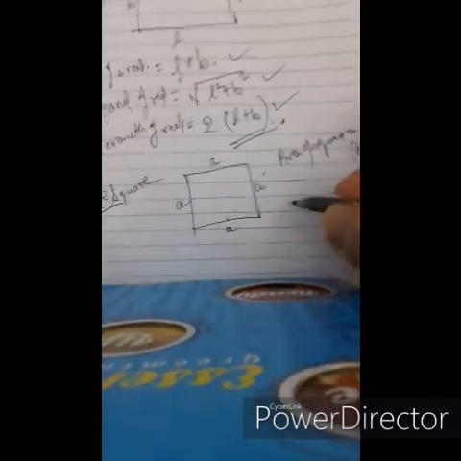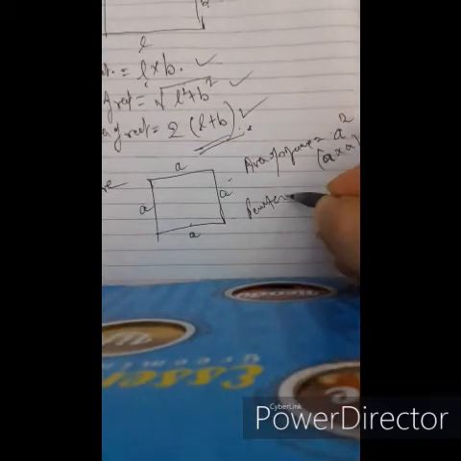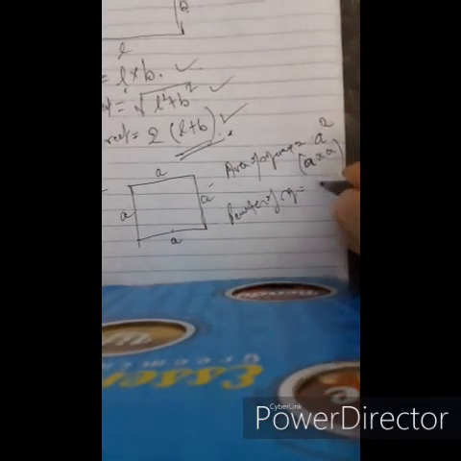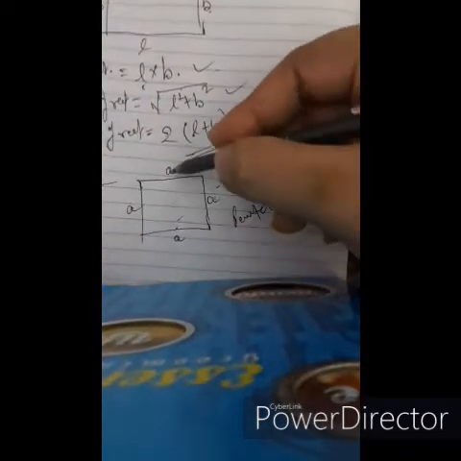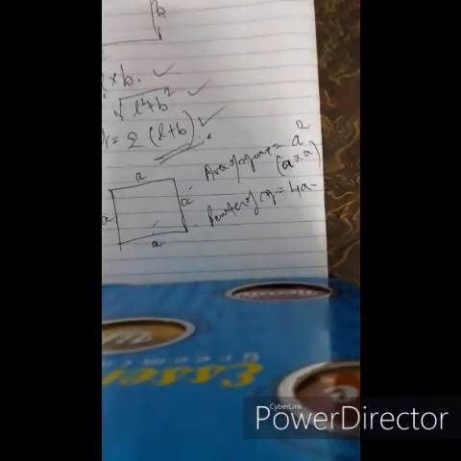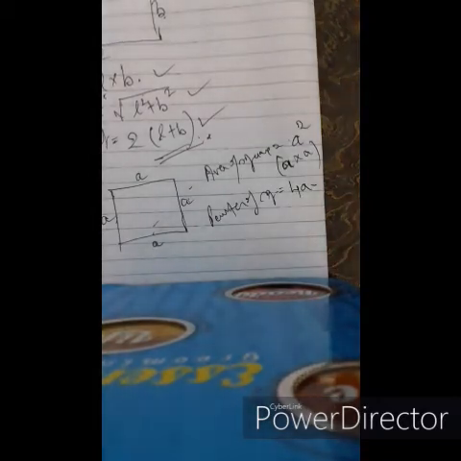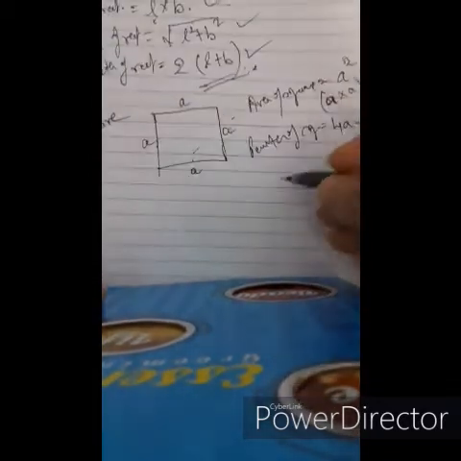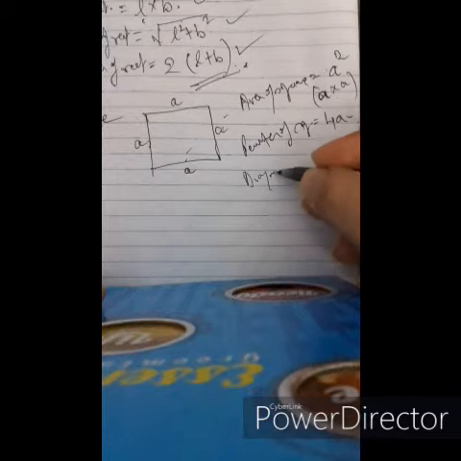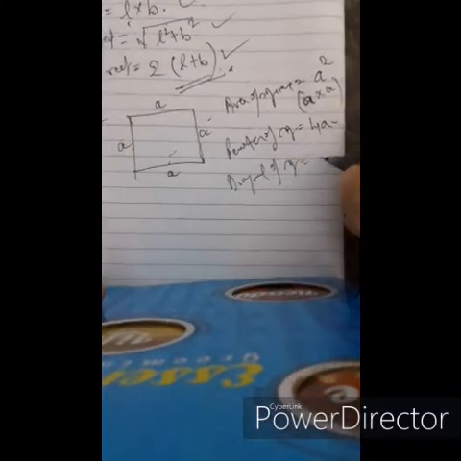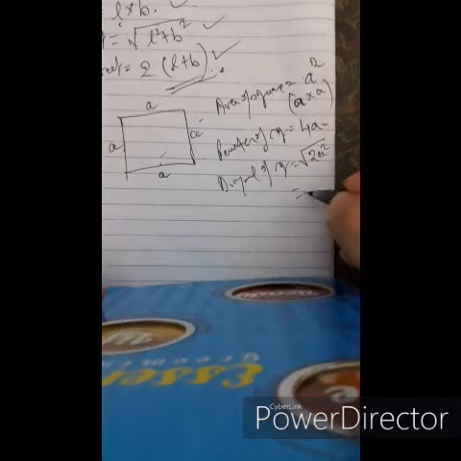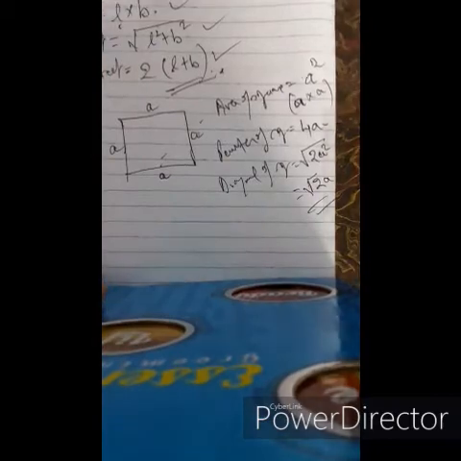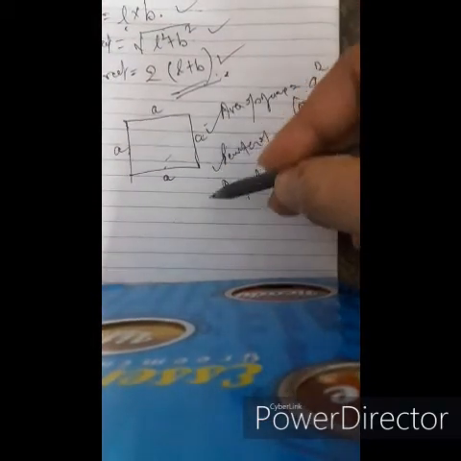Perimeter of square is 4 into A, that is A plus A plus A plus A, that is the perimeter of a square. Alright, and the diagonal of a square is root under 2A square, that is root 2 into A. You have to remember these three formulas for square.